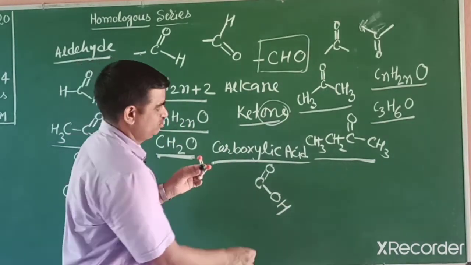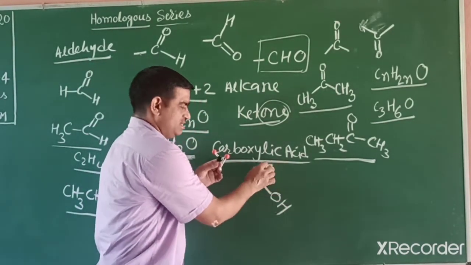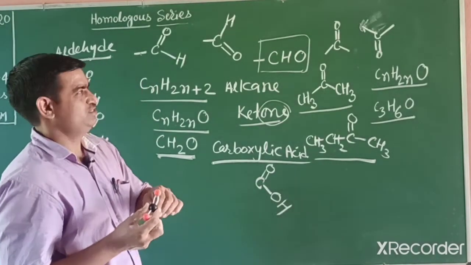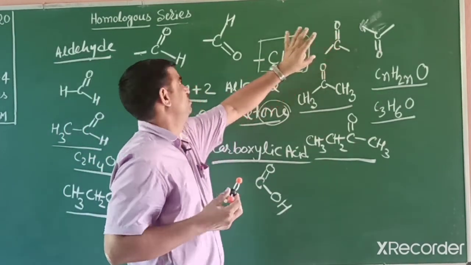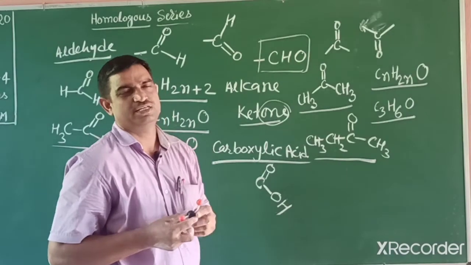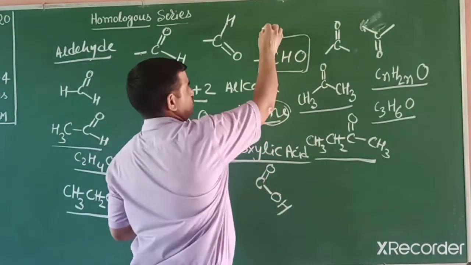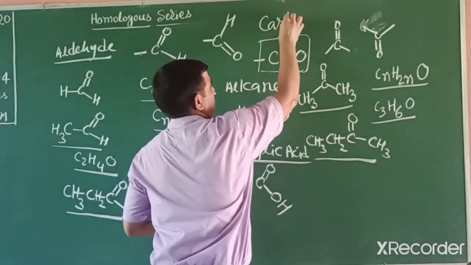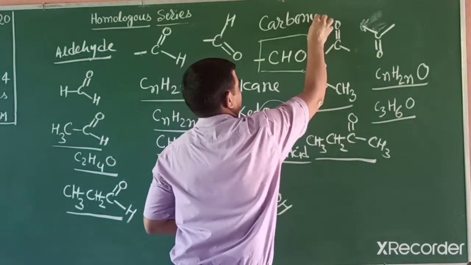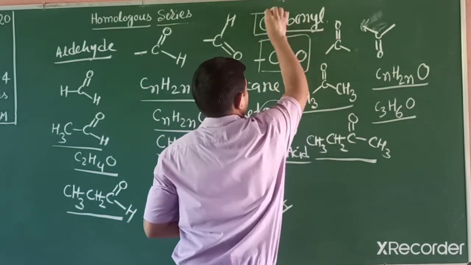Single bond. Both alcohol group and carbonyl. In ketone this group and in aldehyde this group have a special name, that name is carbonyl. You will study its name in 11th class.